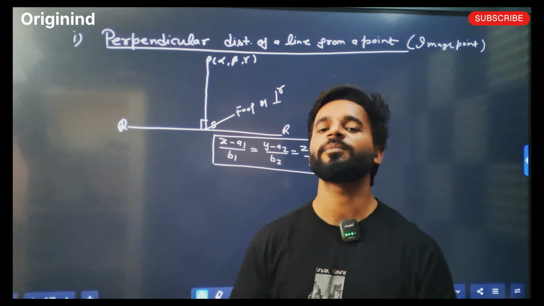So easily you can find the point: x is equal to lambda b1 plus a1, y is equal to lambda b2 plus a2, and z is equal to lambda b3 plus a3.